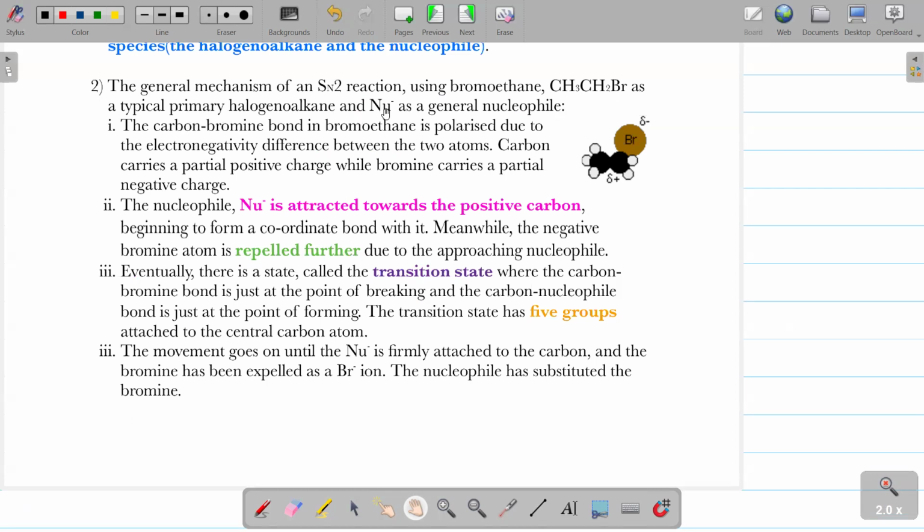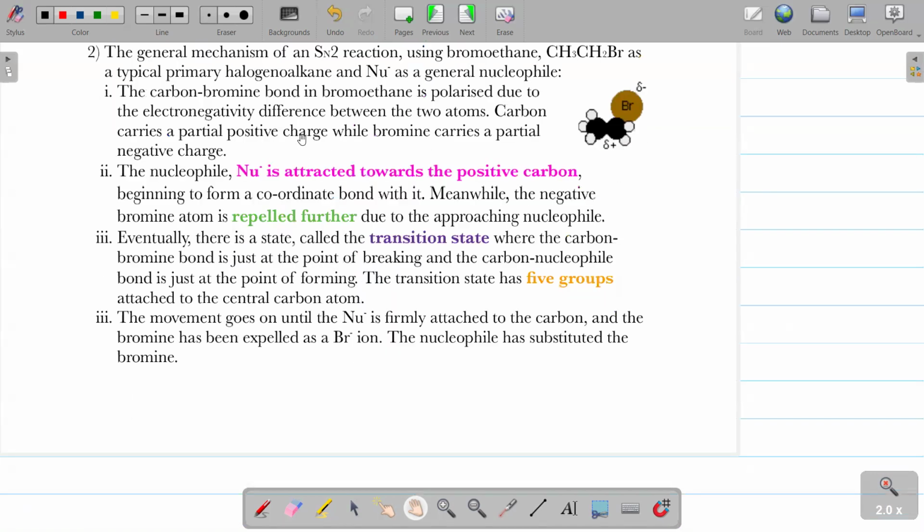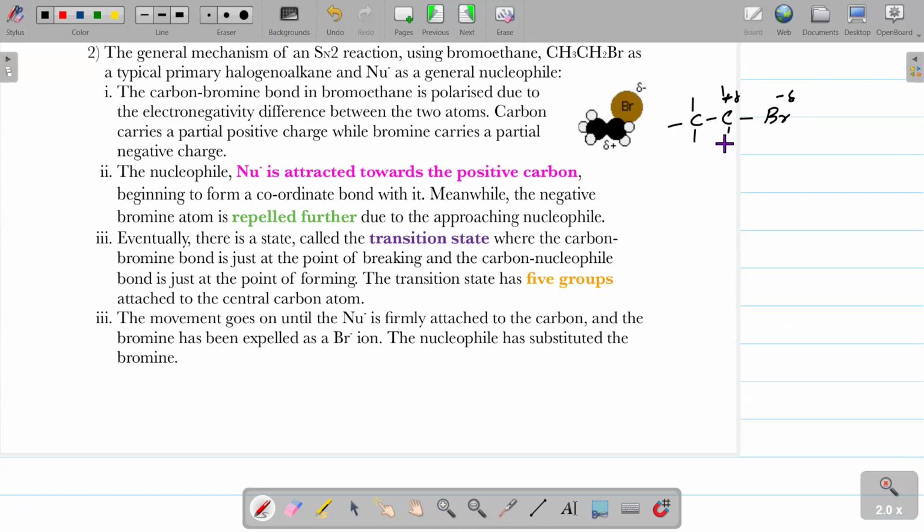So what will happen? The nucleophile will attack the partial positive carbon. So Br will leave and nucleophile will take its position in this molecule, right? So the carbon bromine bond is polarized due to electronegativity difference. Here I can show this bond, carbon and bromine. So partial positive, partial negative, like this, right?